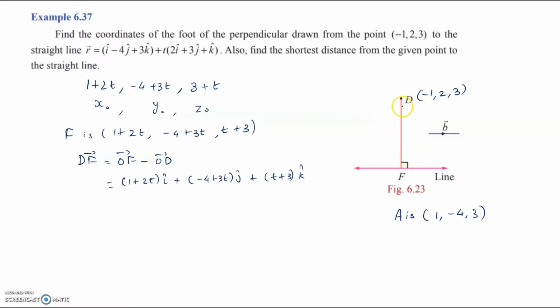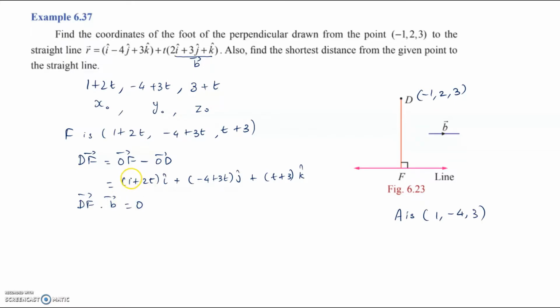Now we know that df is perpendicular to the line. Therefore, our df has to be perpendicular with the vector b. So our dot product of df with vector b has to be equal to 0.